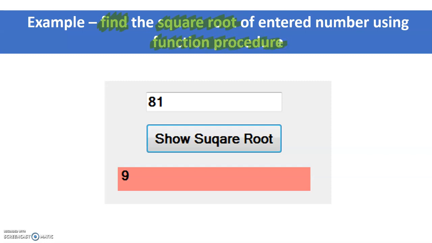Here we have taken one text box, one command button, and one label. Whatever value we enter in the text box, when we click on this button, it should print the square root of that entered number on this label. So this is the example. How do we write the code using the function procedure and sub procedure? Let's see.